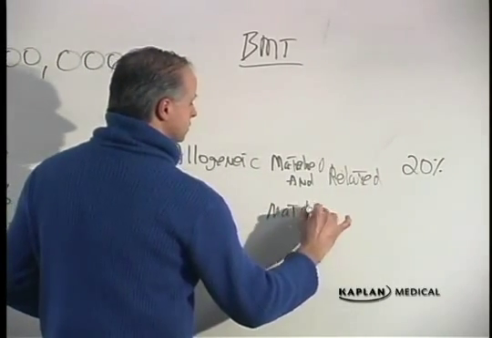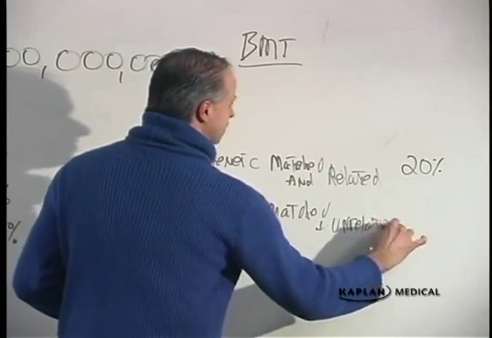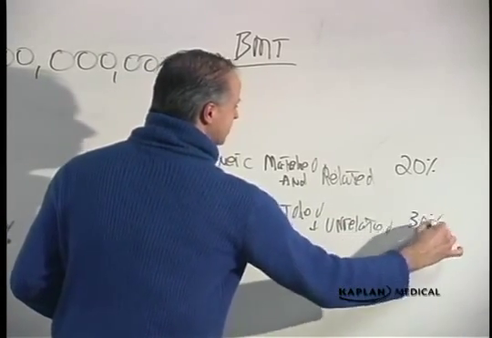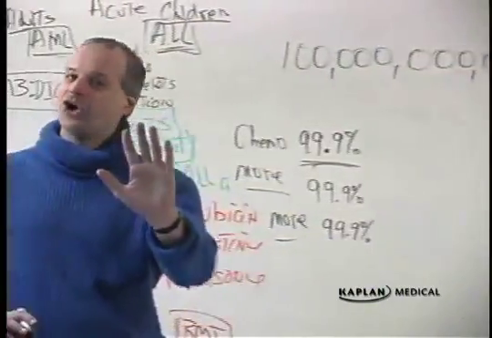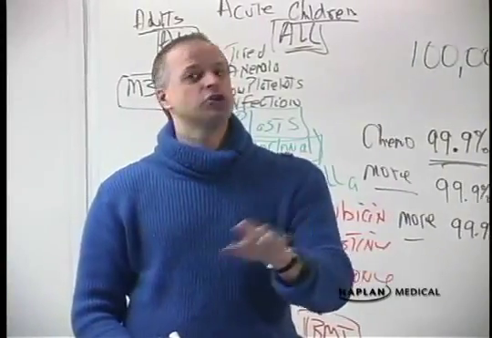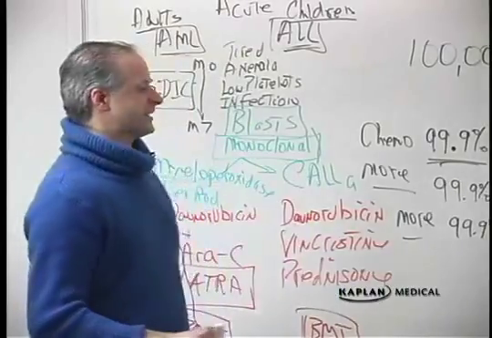Matched and unrelated is probably closer to a 30% chance of mortality. Whoa. Oh no. I'll take my chances. Oh no, your cytogenetics show you've got a 60% chance of relapse. Okay. I'll get transplanted now.